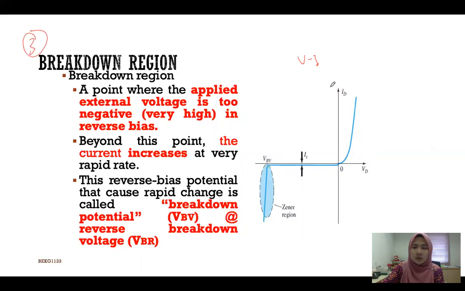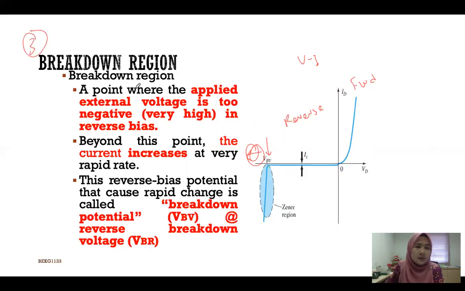This is the voltage, this is current. So you know that this part is the forward bias, this is the reverse bias region, but this part we call the breakdown region.